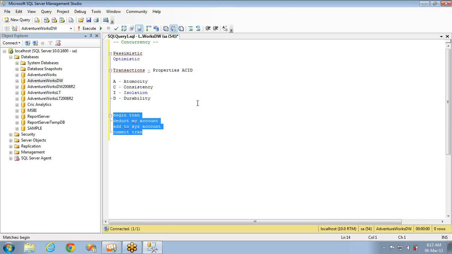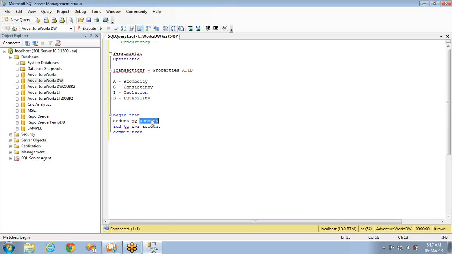When I transfer an amount from my account to another account, it will deduct the amount from my account and add the amount to the other person's account. Let's assume if these two queries are not treated as one atomic unit, then this atomicity fails. What is meant by treating as one atomic unit? Either full or null.